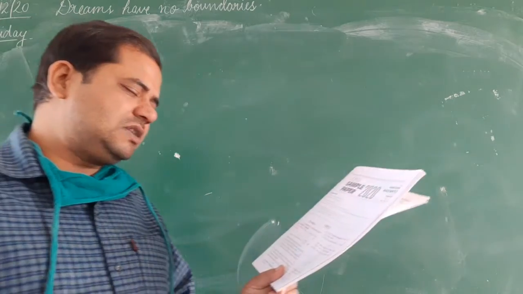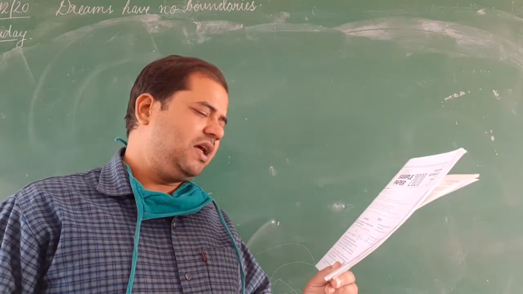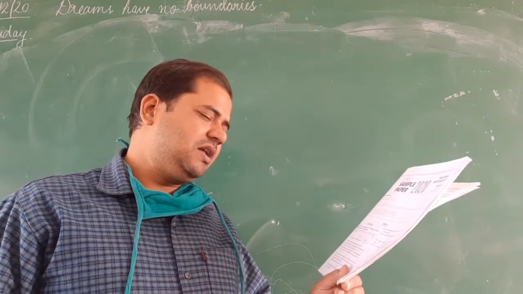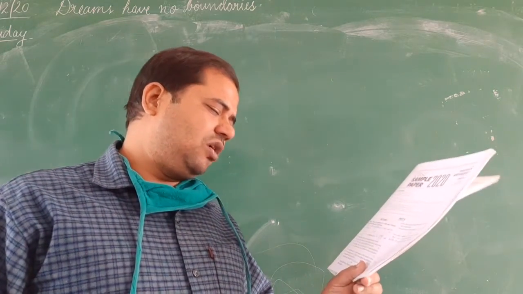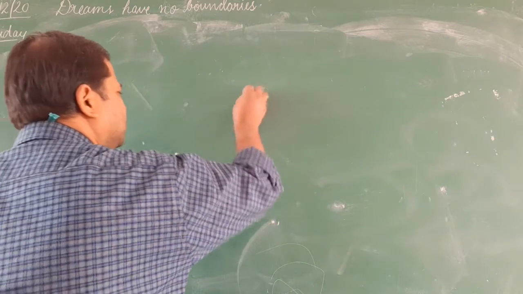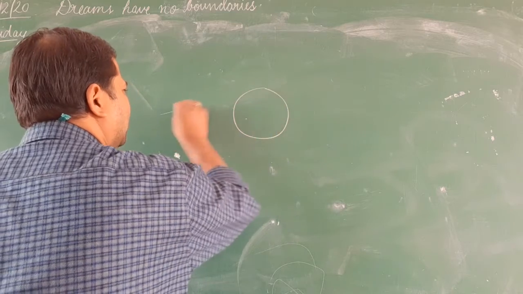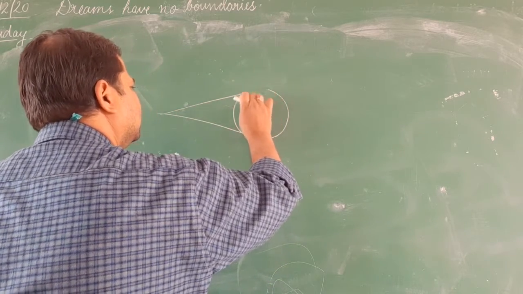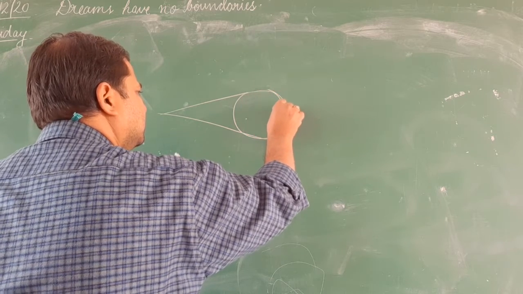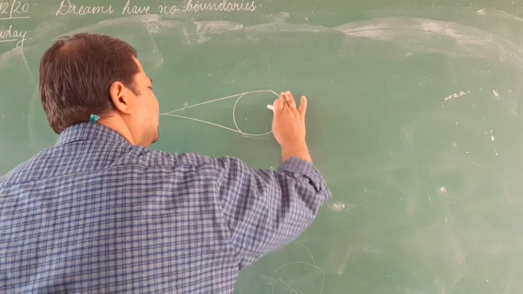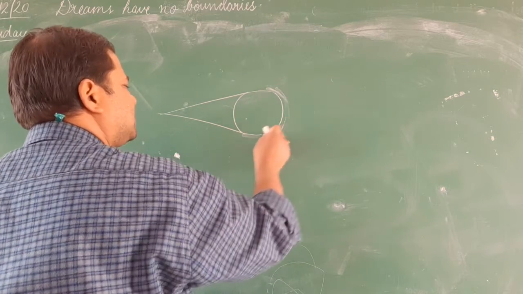If two tangents inclined at 60 degree are drawn to a circle of radius 3 centimeter, then find the length of each tangent, okay? Two tangents are inclined at 60 degree. Suppose this is the circle and these are the tangents. Tangents inclined at 60 degree, okay?